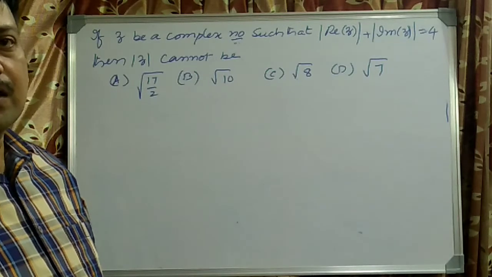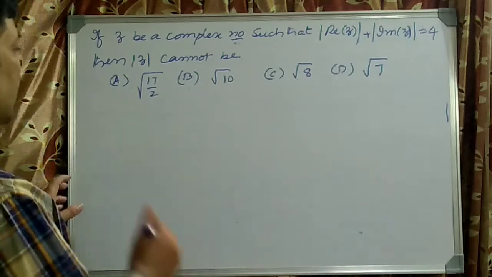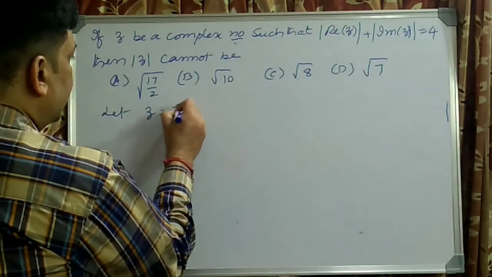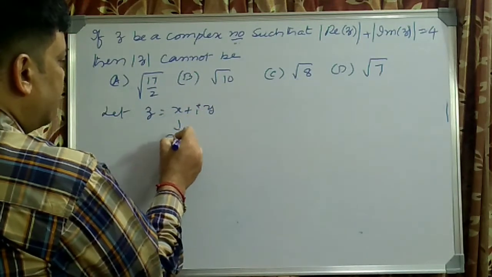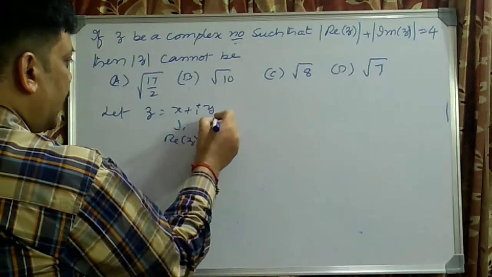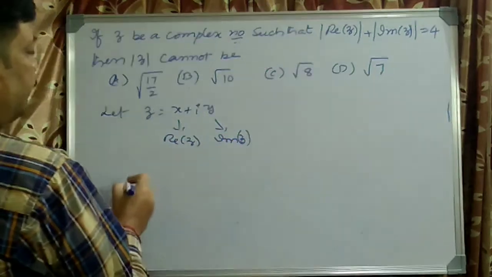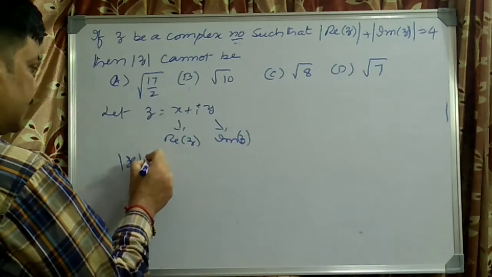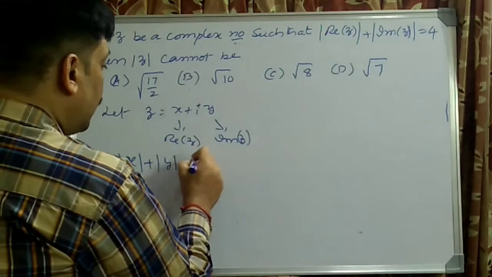So my friends, first of all, let us say z is equal to x plus iy. So this is real part of z and this is imaginary part of z. So according to the given condition, I have mod x plus mod y is equal to 4.